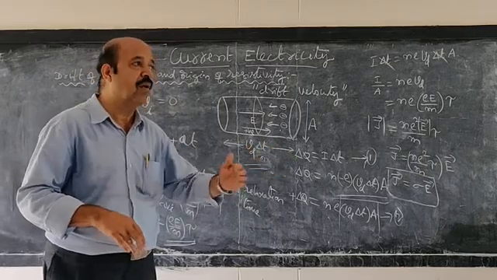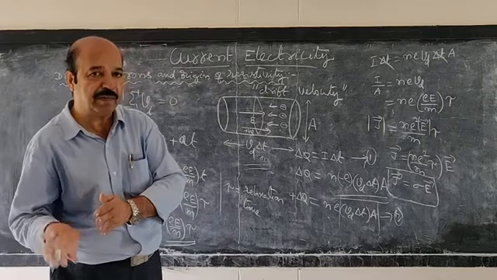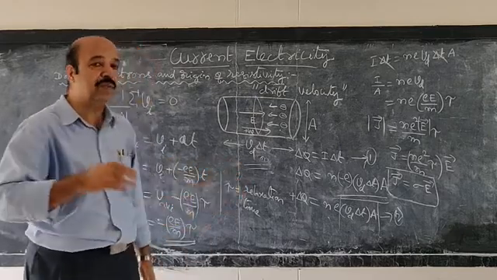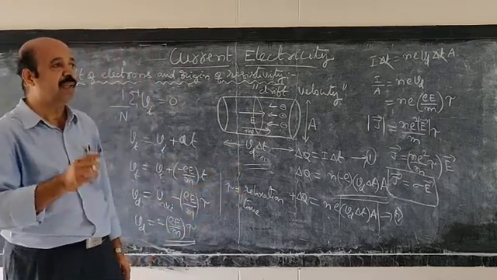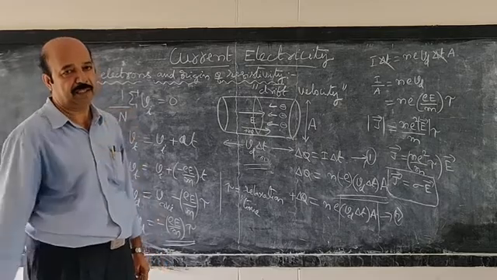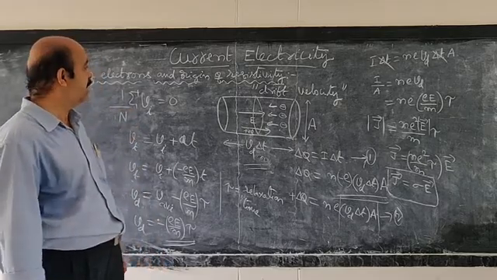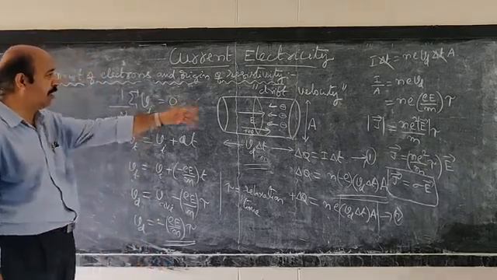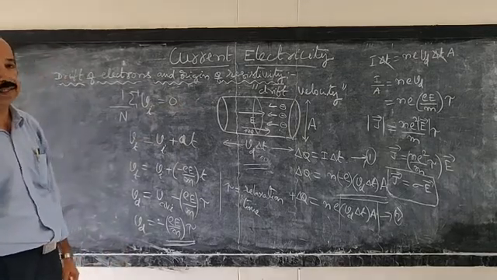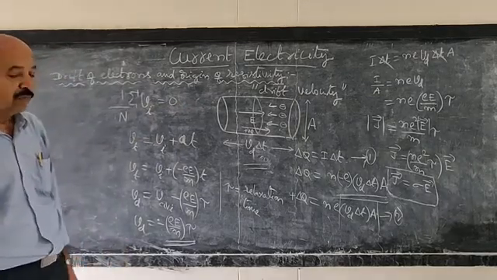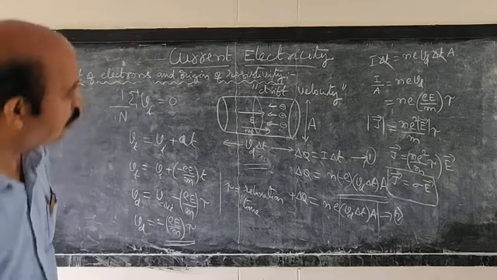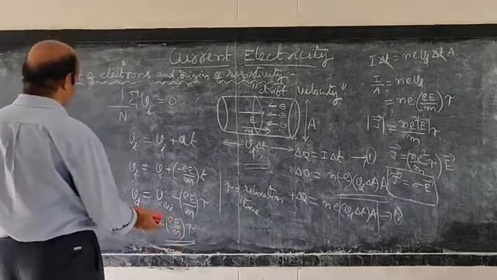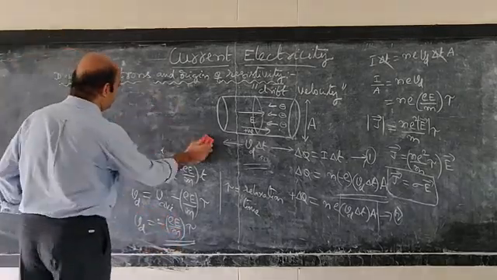Like this they go on moving from one end of the conductor to the other end. So this is the cause of resistivity of conductors, and in this way we can explain the origin of electrical resistivity. Then we talk about another important term, that is mobility.